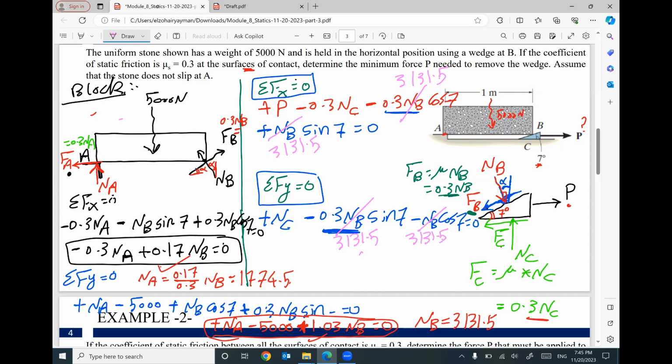I think from this one I can find out the value of NC. So the value of NC will be 222.6. That makes sense. If you put the value of NC here, 3,226.6, I can find out the value of P.